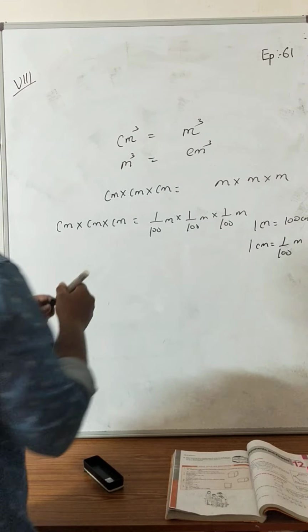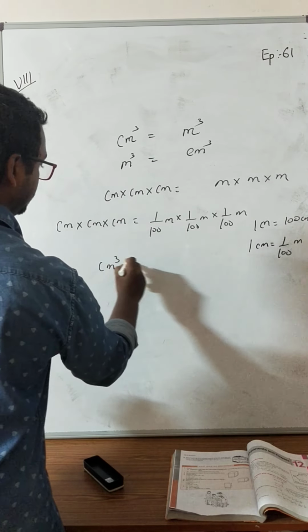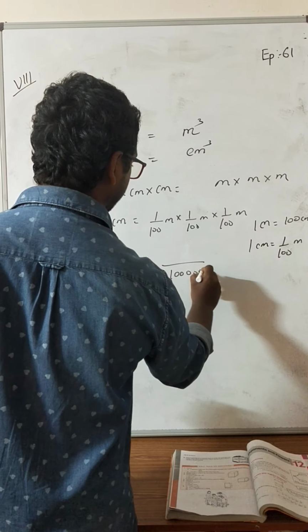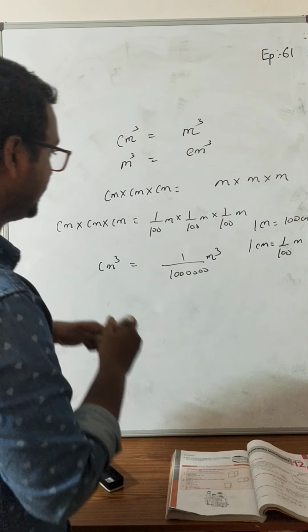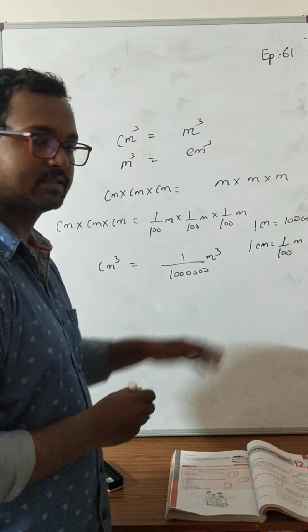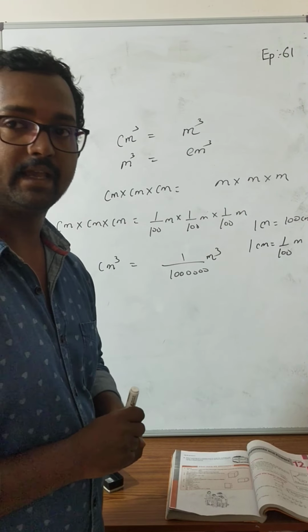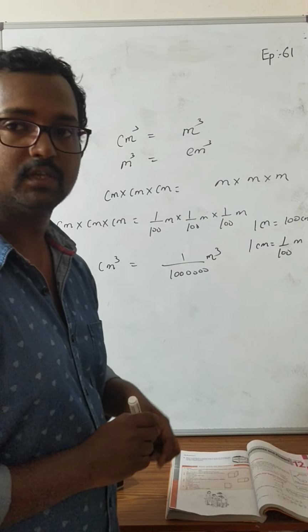So whenever we have to convert centimeter cube to meter cube, we have to divide the answer by 1, 2, 3, 4, 5, 6 zeros, which is 10 lakh. Then only we will get meter cube.